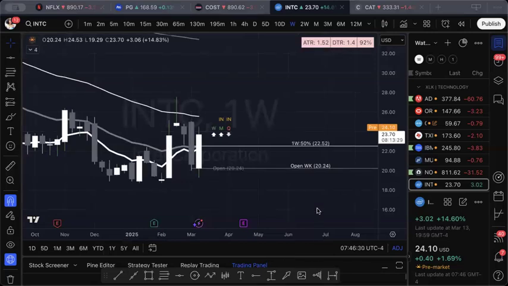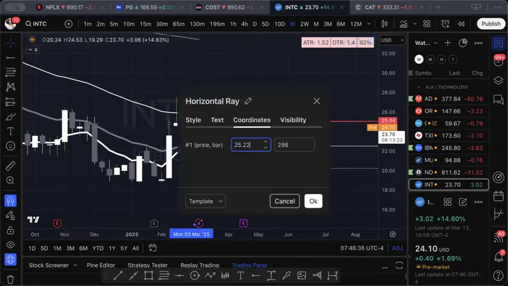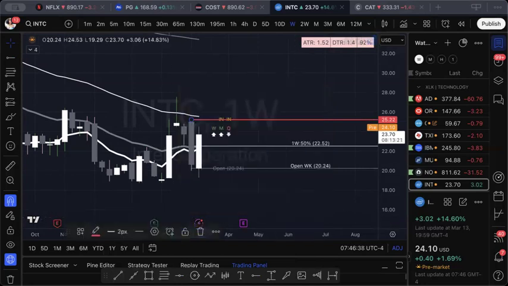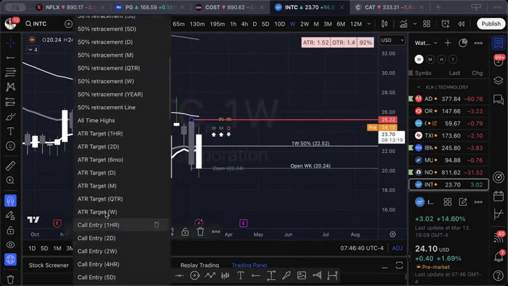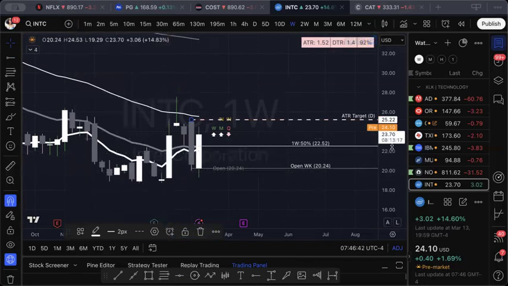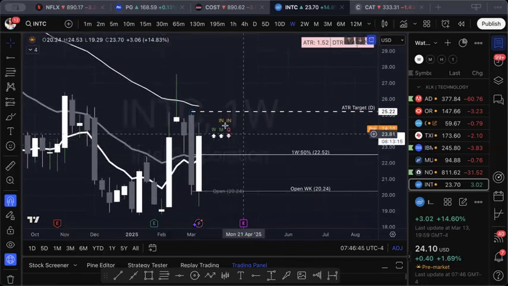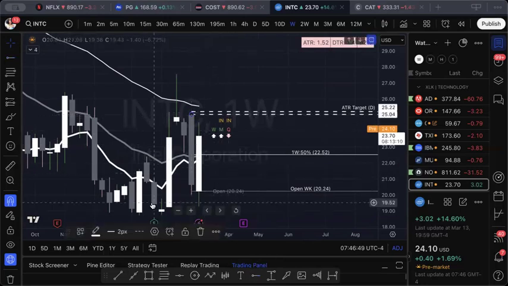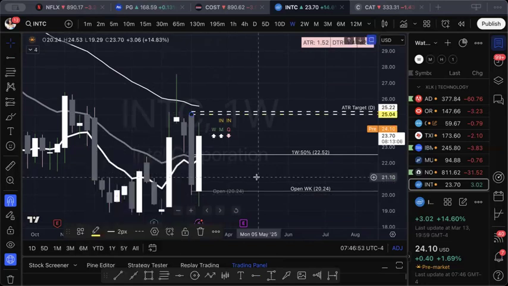So 25.22 is where it could go. So let's just go ahead and look at that. Based on the ATR, this is where it can actually get to. So to take out the high of the previous week's candle, we just need to take this out, 25.04. Okay. So I'm going to put that in yellow.